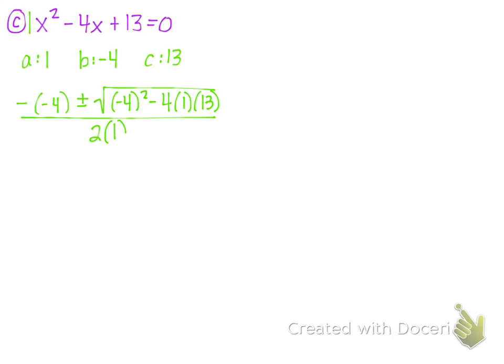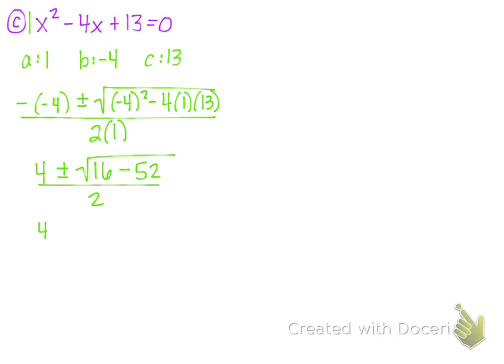So let's clean up under the radical, take care of our signs in the front, and multiply 2 times 1. So we have positive 4 plus or minus the square root of negative 4 squared is 16. Then we need to multiply 4, 1, and 13, and we get 52. All over 2. So let's finish cleaning up under our radical.